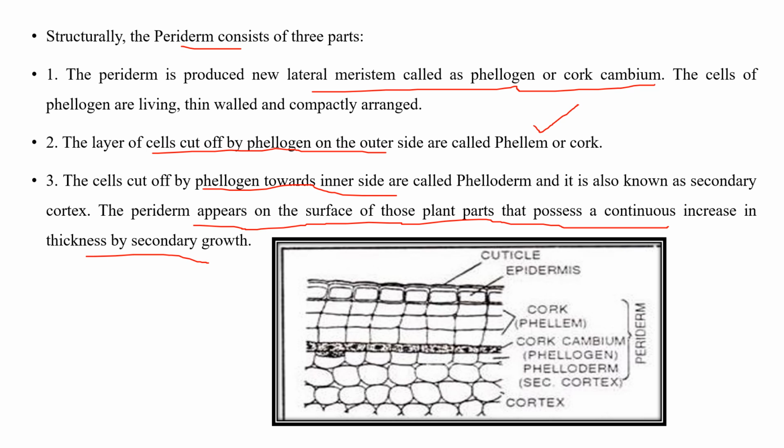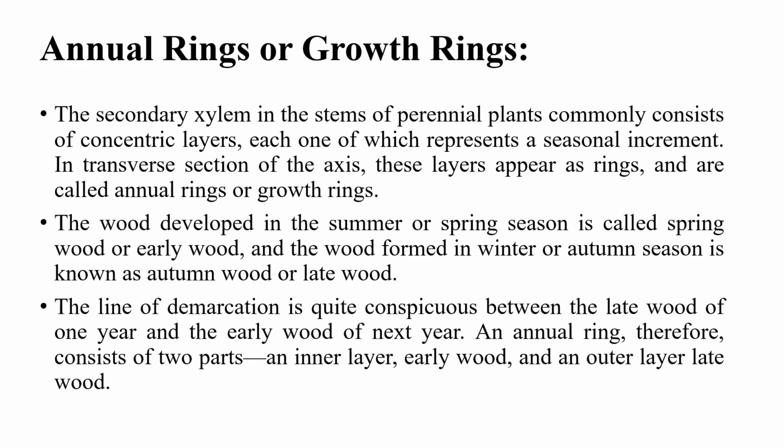So the phellogen layer or cork cambium, which is a type of secondary meristematic tissue, forms cork or phellem towards the outer side and phelloderm towards the inner side. And these three layers together constitute the periderm or secondary outer layer, the secondary epidermis, you can say.